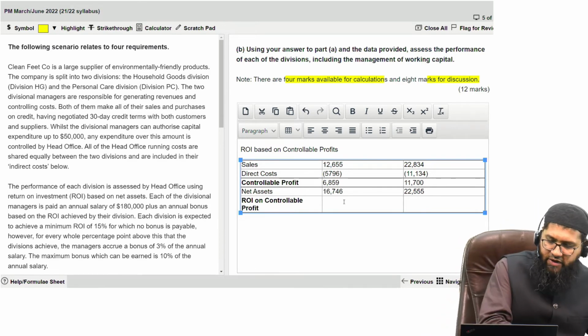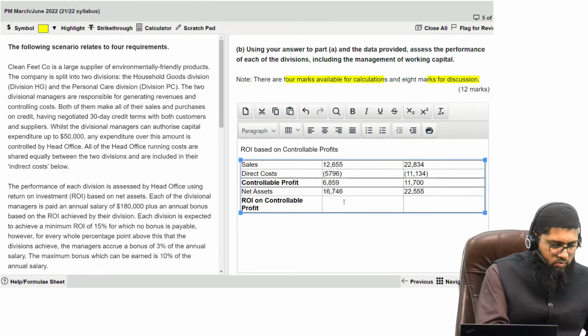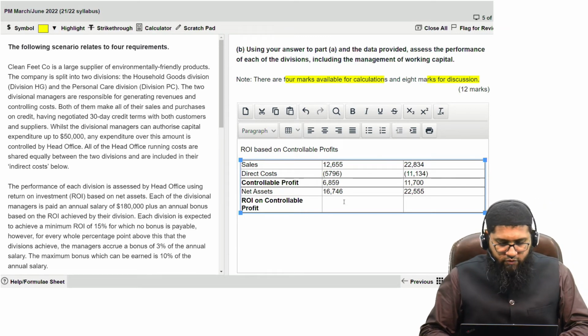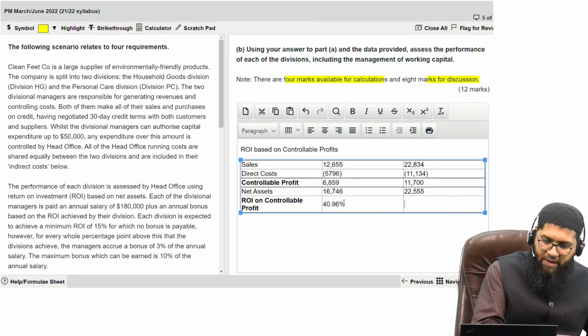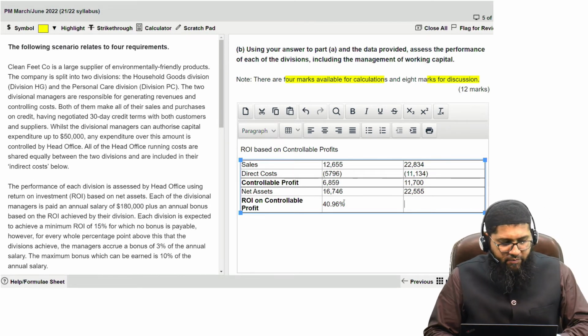Hence, ROI based on controllable profit is going to be 40.96%. Then 11,700 gives 51.88%.